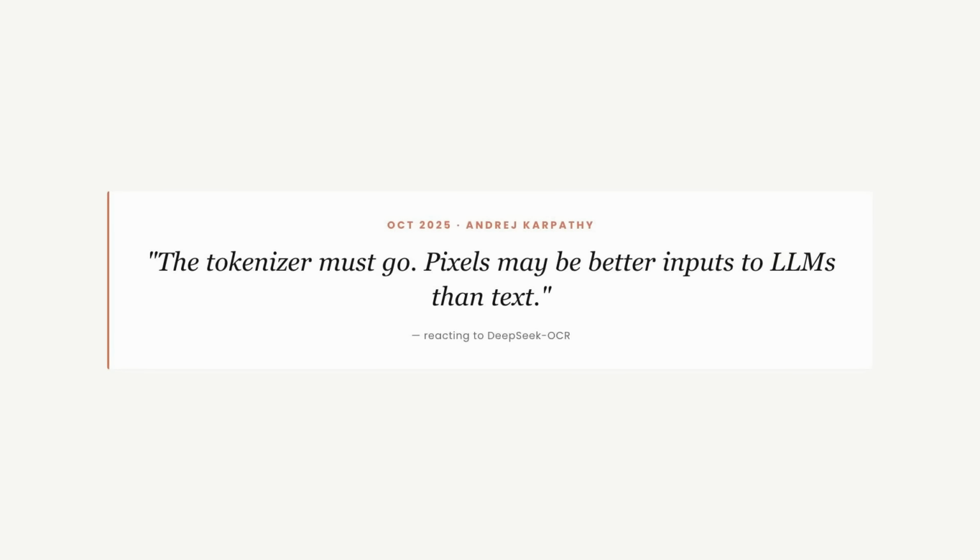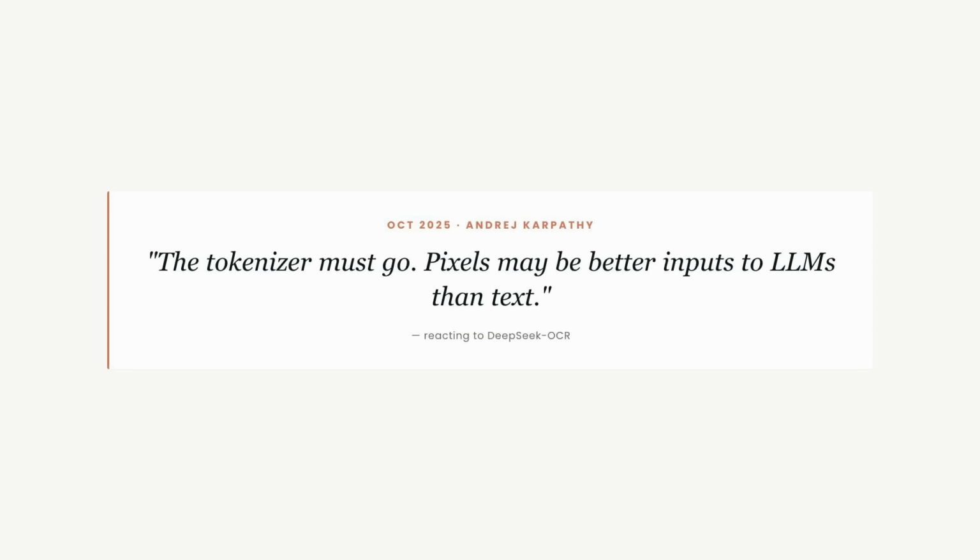And Karpathy reacted to it like this, quote, "The tokenizer must go. Pixels may be better inputs to language models than text," end quote. That's the moment a lot of people started talking about the DeepSeek vision team seriously.